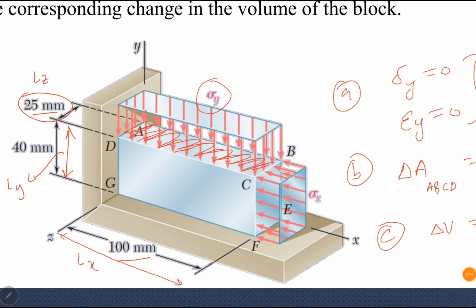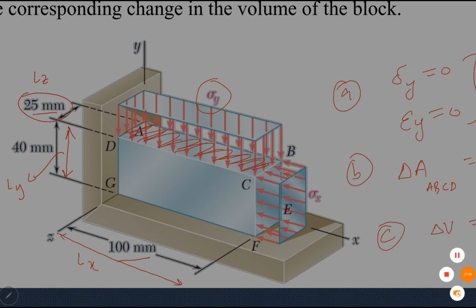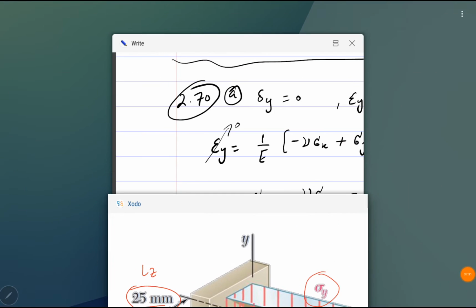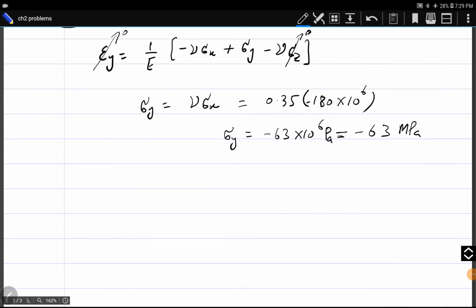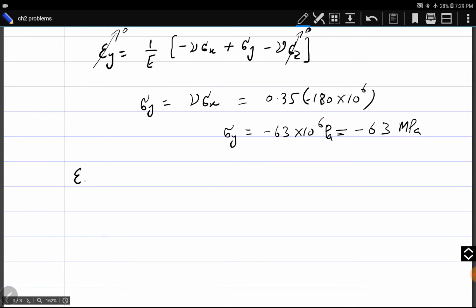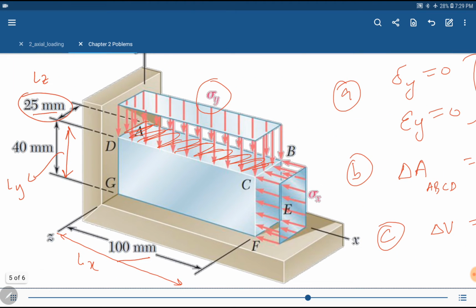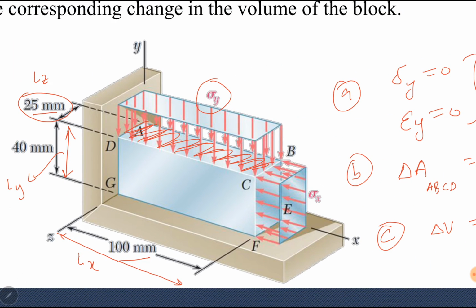Before this, we will find strain in z direction and strain in x direction first, because if the area of the top surface ABCD is changed, there will be change in the length in x direction and length in z direction.